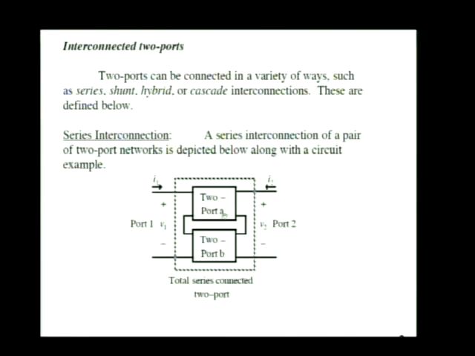You can always build up that interconnection of n two ports by considering them one pair at a time, coming up with an overall single two-port that represents the interconnection of the two that you just considered, and take that new single total interconnected two-port and now connect that two-port up to another two-port and come up with yet another total interconnected equivalent two-port for now the three two-port networks, and so on and so forth to get your complete interconnection of n two ports.